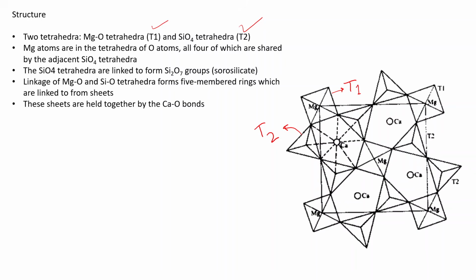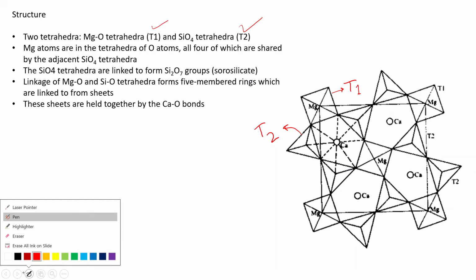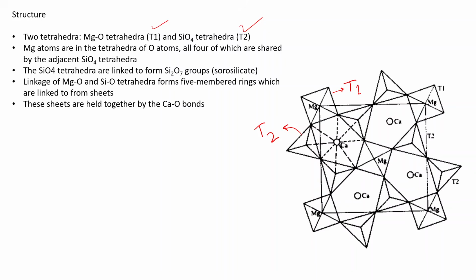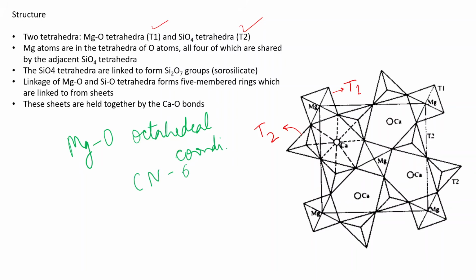Before moving ahead, I'd like to take a quick detour and discuss an important point: normally Mg and O are in octahedral coordination, where the coordination number is 6. Why is there octahedral coordination? Because the radius ratio of Mg2+ to O2- is approximately 0.464, and 0.41 to 0.7 is the range for octahedral coordination.